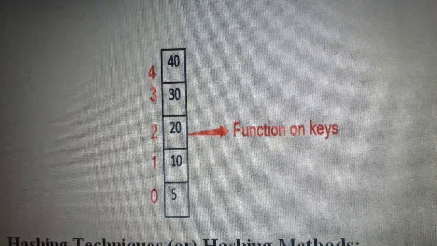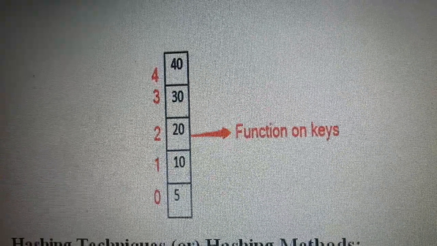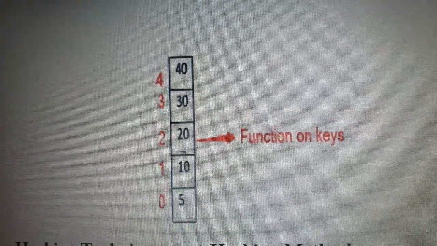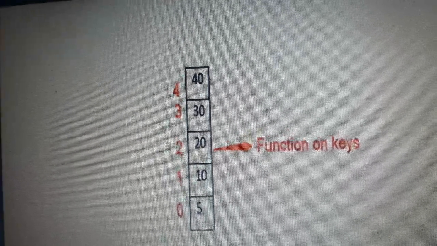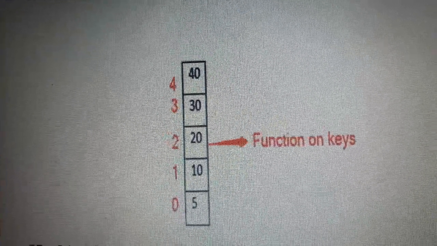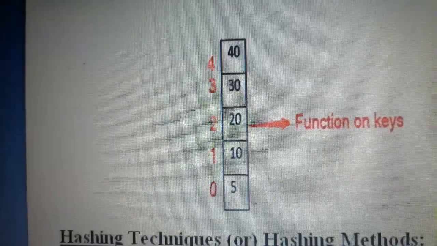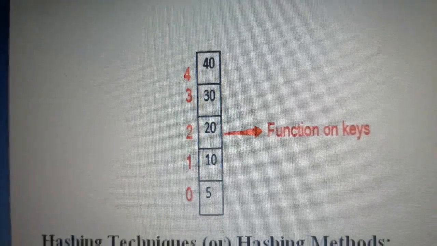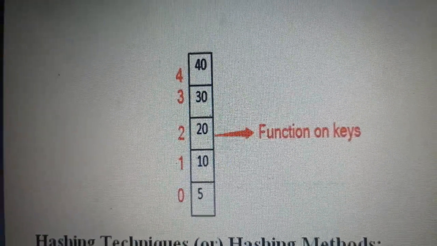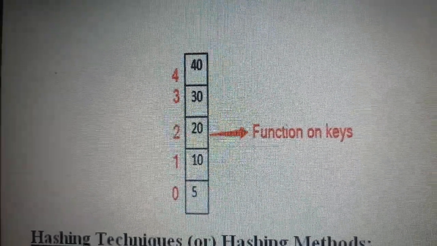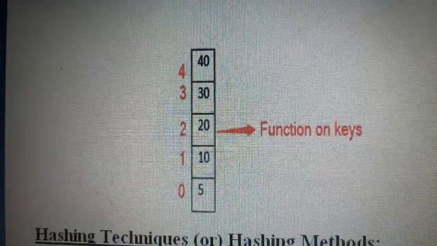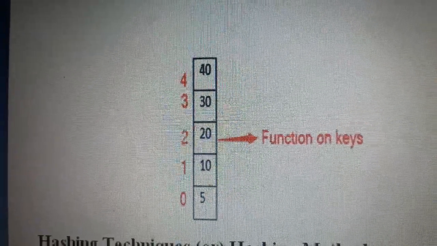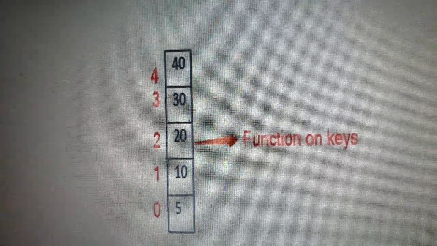For each and every value a key is generated. That key denotes the index in the hash table. Suppose I am storing the value 5 in location a0. Storing value 5 in a0 means 0 is the key generated for the value 5 using a function, which is called a hash function.